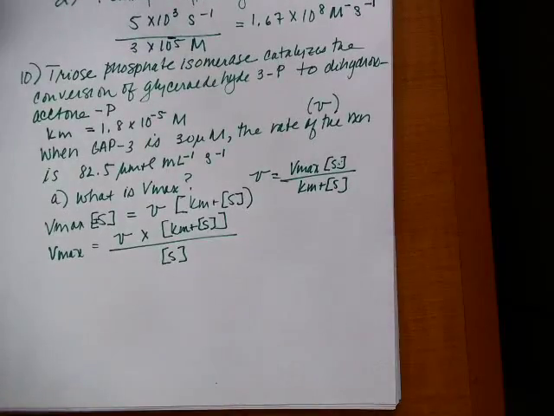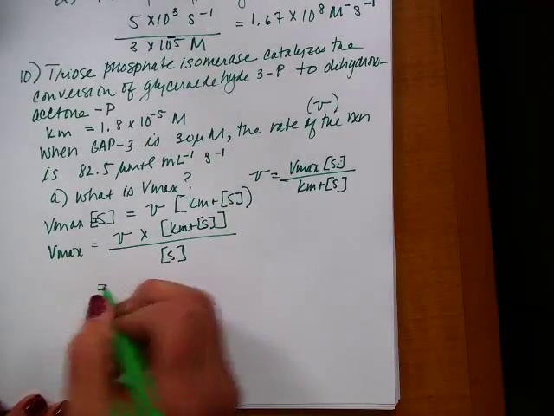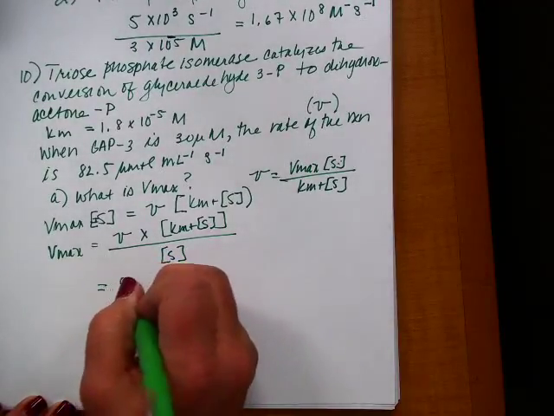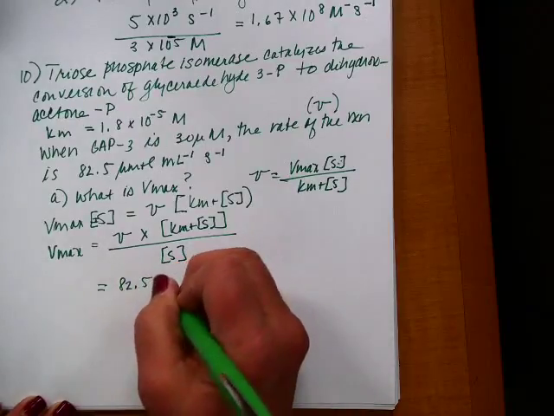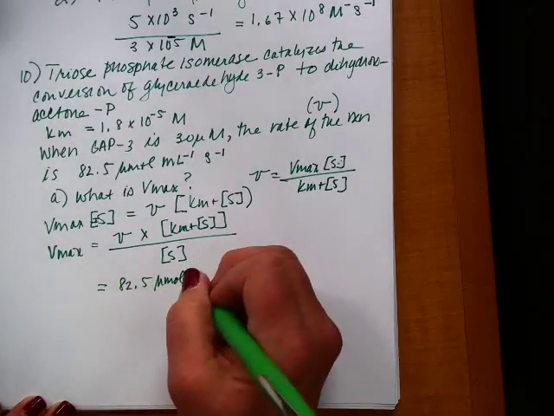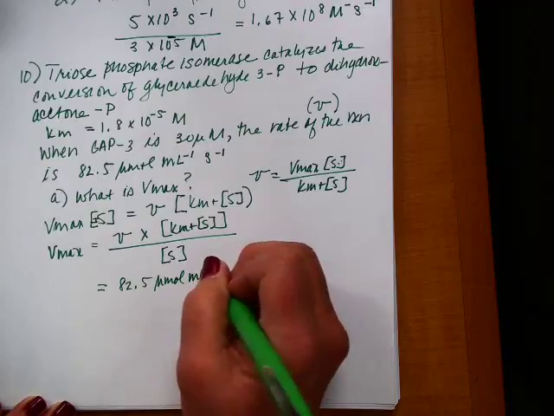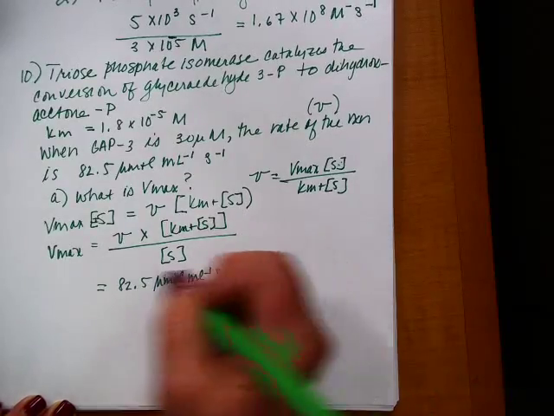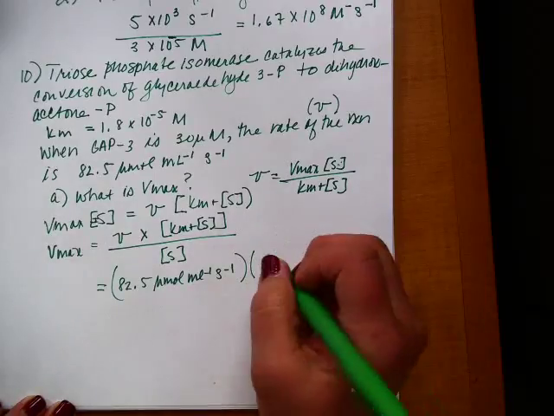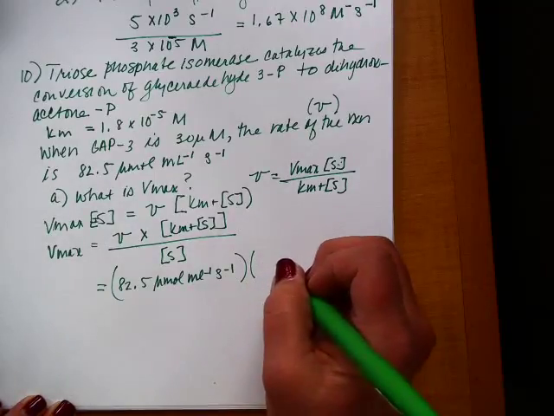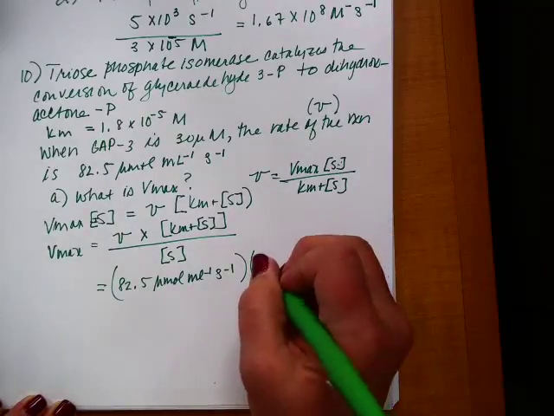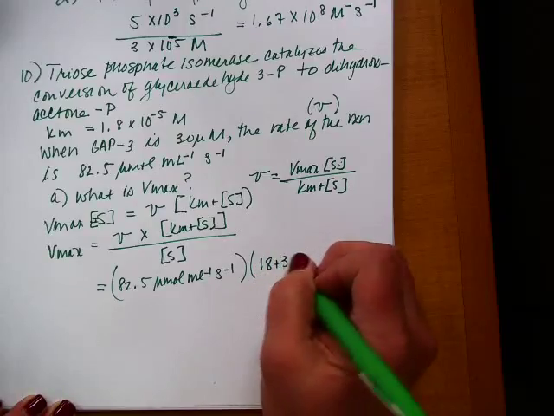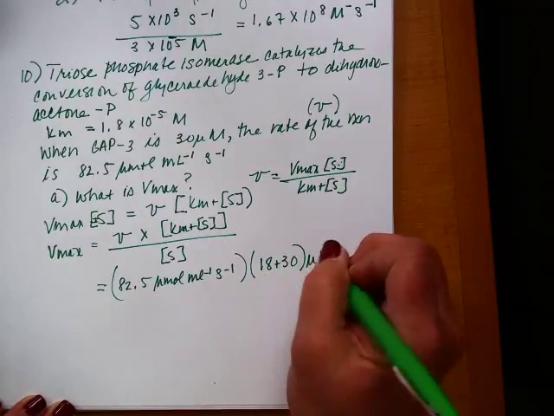So now all we have to do is plug those values in. Our velocity is 82.5 micromole per mil minus 1 s minus 1, and that's going to be times the sum of the Km and the substrate concentration, which is 18 plus 30, and that's micromoles.